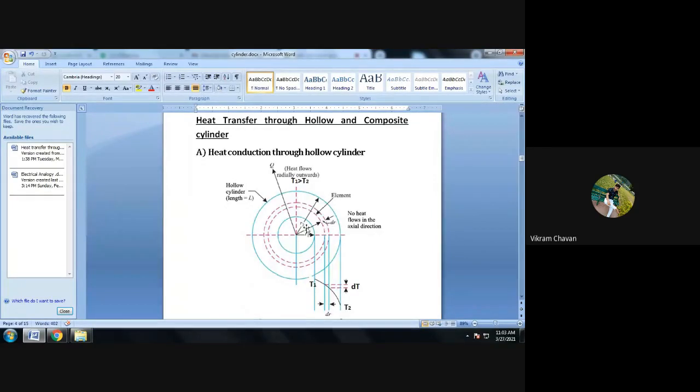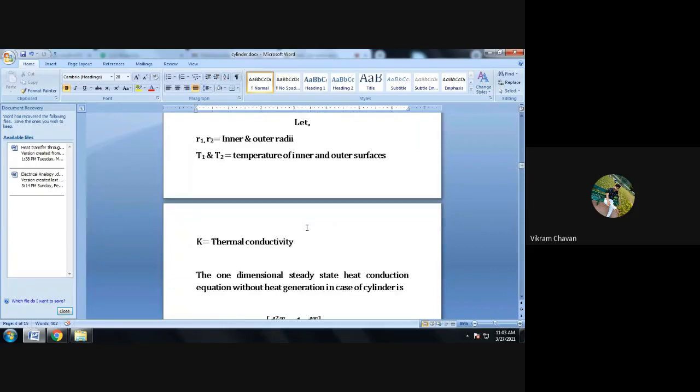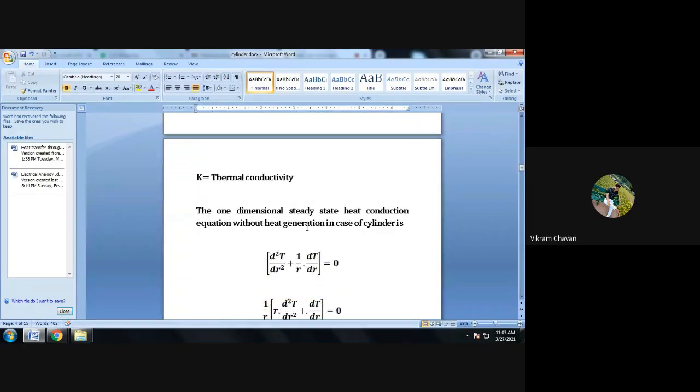Further, we have considered the one-dimensional steady state heat conduction equation without heat generation in the case of a cylinder. This equation is d2T divided by dr squared plus 1 upon r multiplied by dT divided by dr is equal to 0. We derived that equation from the general heat conduction equation in cylindrical coordinates.